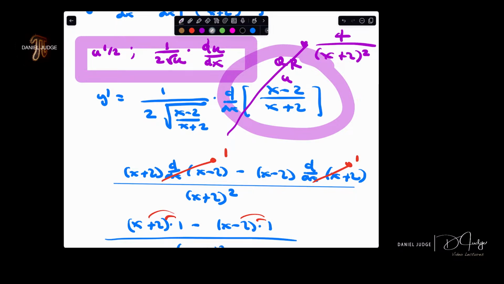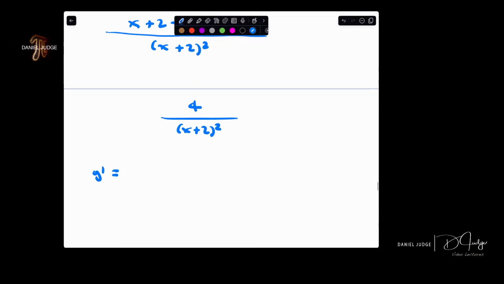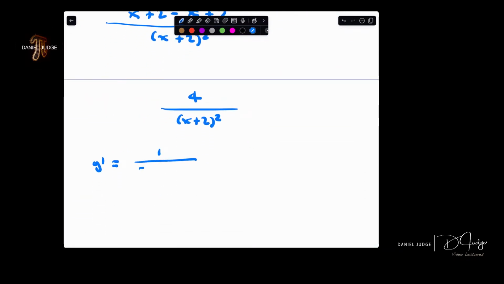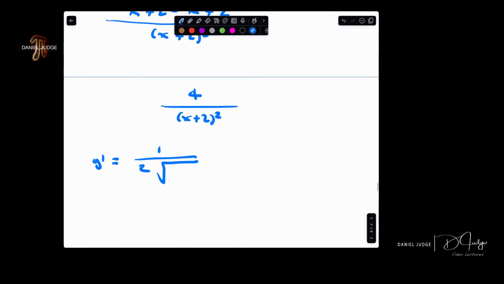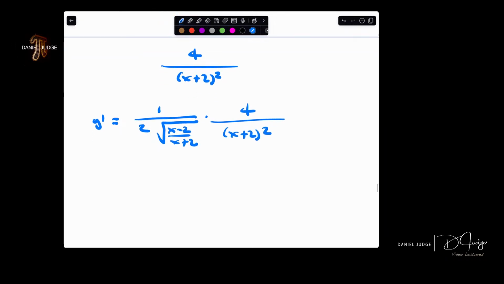So let's go back and take a look and see what's left. Well, we have this portion here. Let's highlight that, right? This portion times what you see here. So y prime equals 1 over 2 square root of x minus 2 over x plus 2 times the 4 over x plus 2 squared.